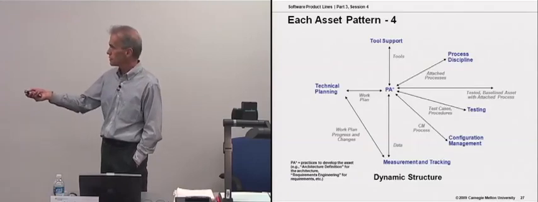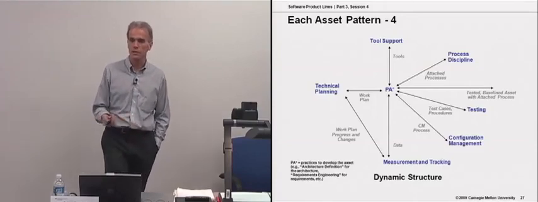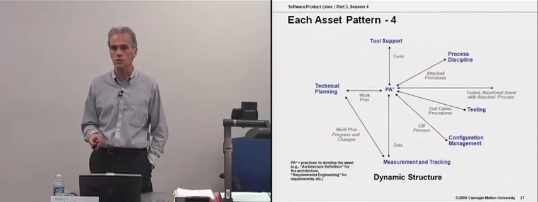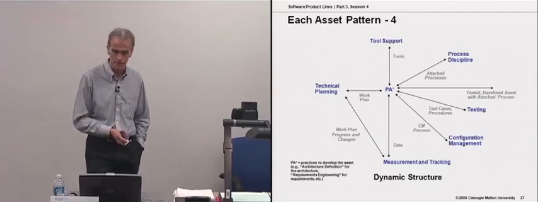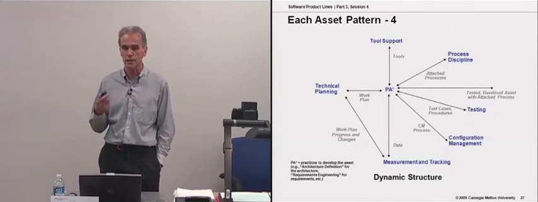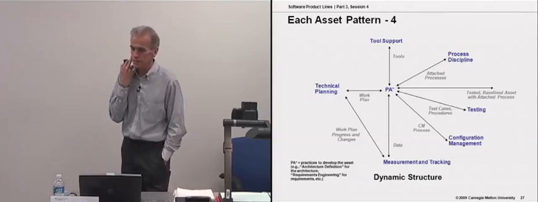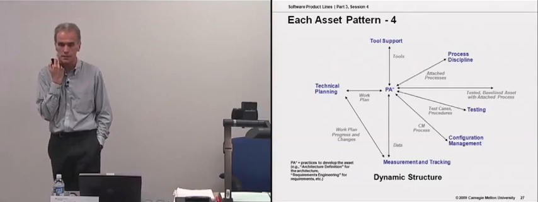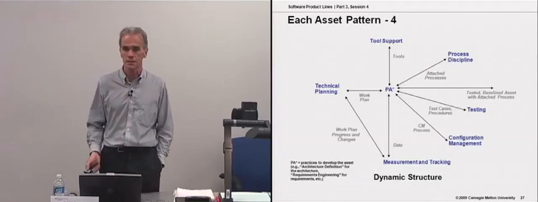The tool support, the technical plan and the milestones for completing the asset, the measures associated with the asset, the process discipline from which we get the so-called attached process, the guidance for how to use that asset, the configuration management, and any test-related assets that we can provide to test this asset. The outcome of this is a tested, baselined asset that's an effective member of your core asset base, and that includes the necessary guidance for how to use that asset.